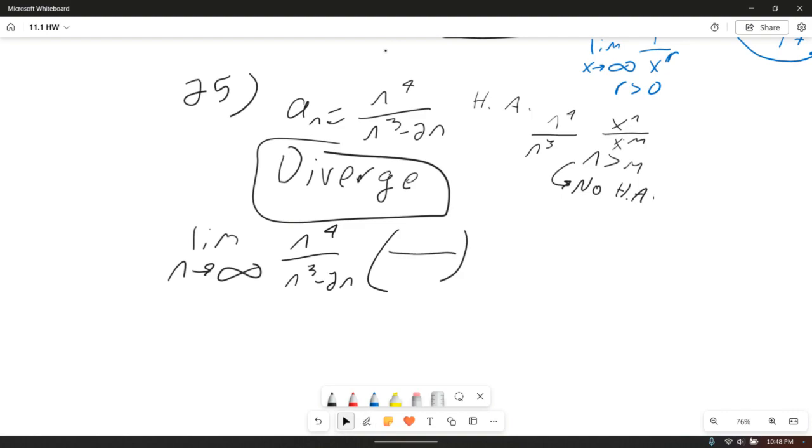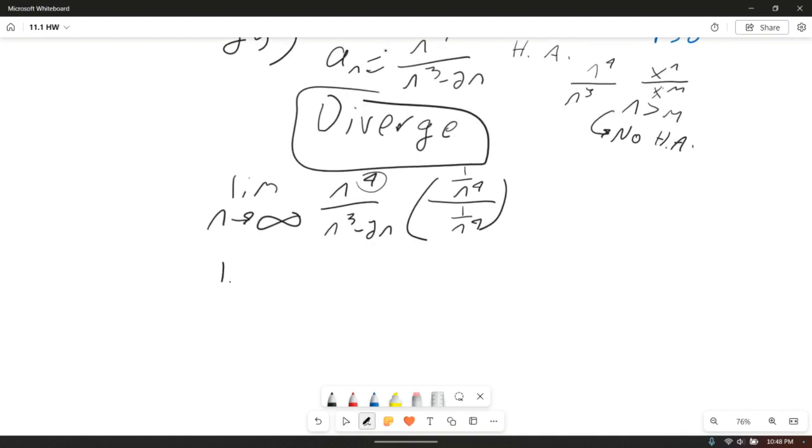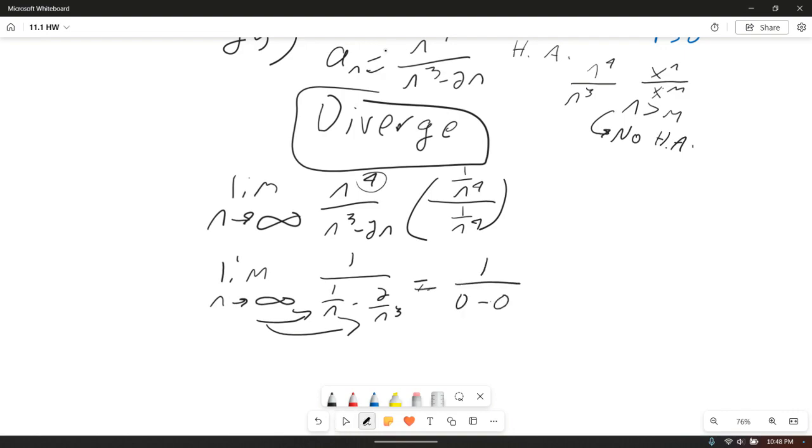So highest degree, divide the top and bottom by that highest degree. We would get the limit as n approaches infinity of 1 over n minus 2 over n cubed, which if we apply the limit, 1 over 0 minus 0, does not exist. That would be 1 over 0.